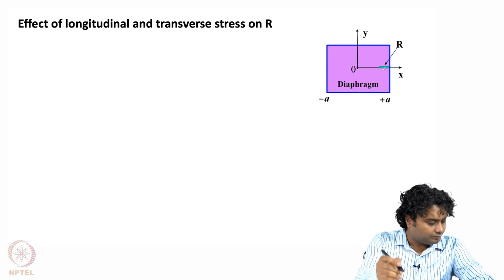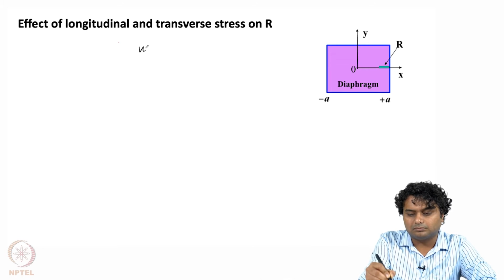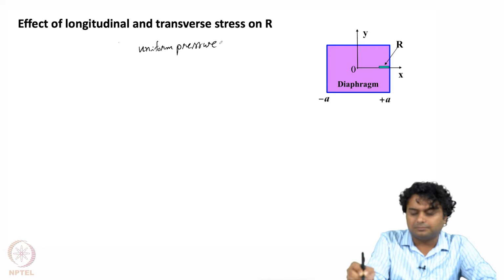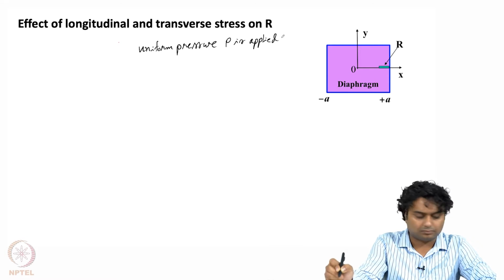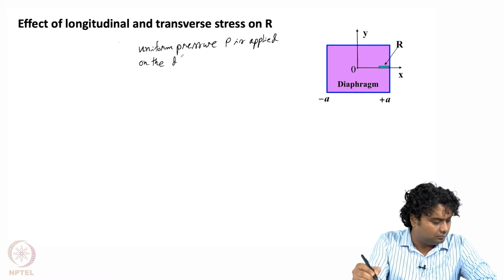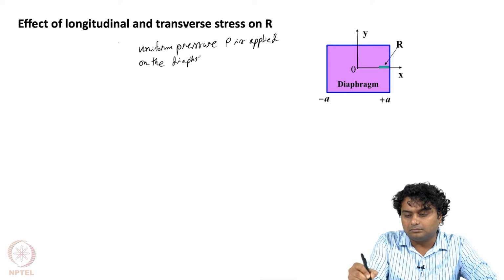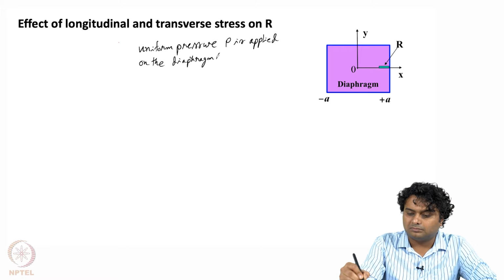And let us say this is the membrane and uniform pressure P is applied on the diaphragm, pointing normal to the paper.